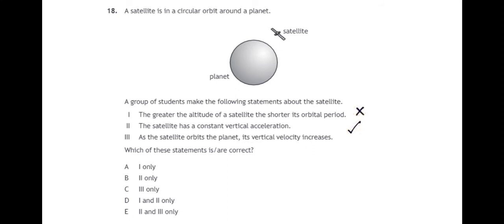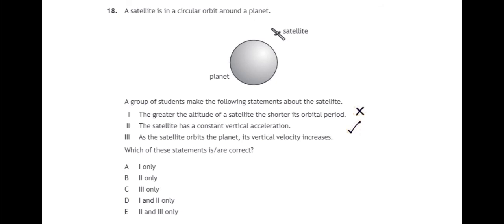What happens is, remember, velocity is a vector. It has both magnitude and direction. An acceleration is a change in velocity over a period of time. That change in velocity does not necessarily have to be in the size of the velocity. It can be in the direction of the velocity.